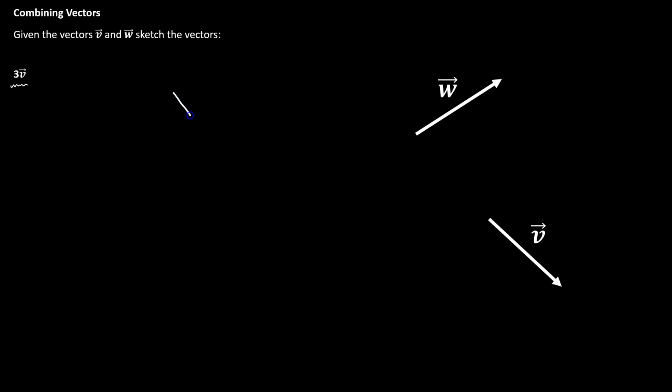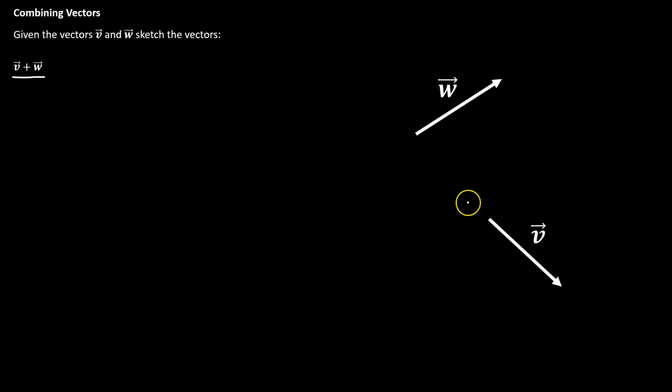This is not going to be perfect, but that looks about like v to me. And then we're going to make it 3 times as long. So our new vector, 3v, would be this one.